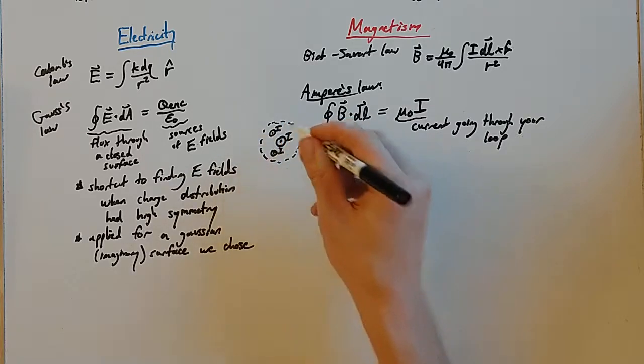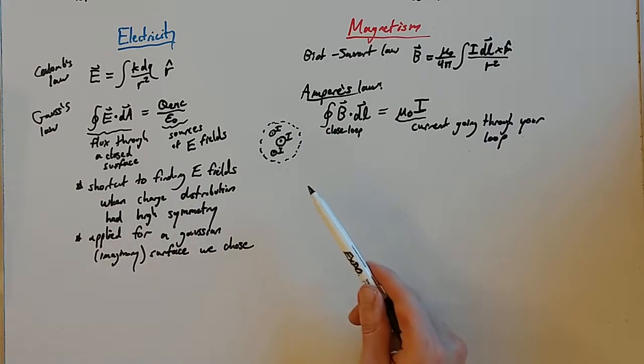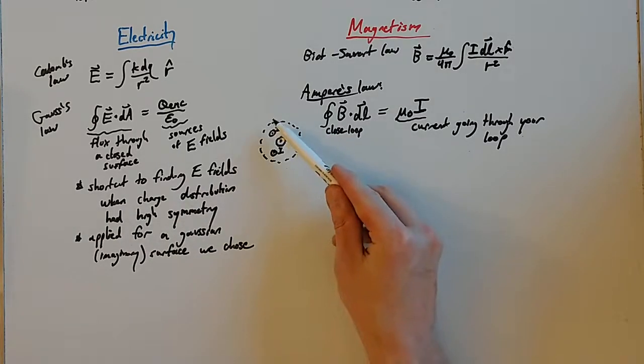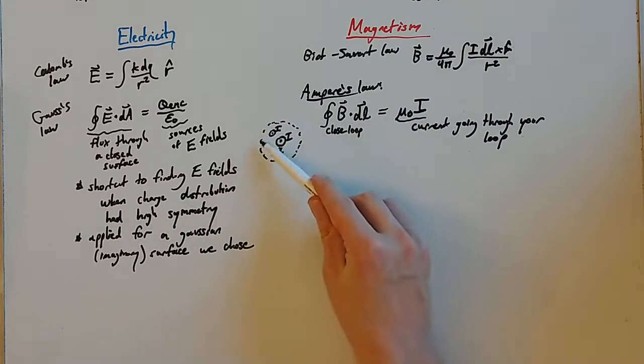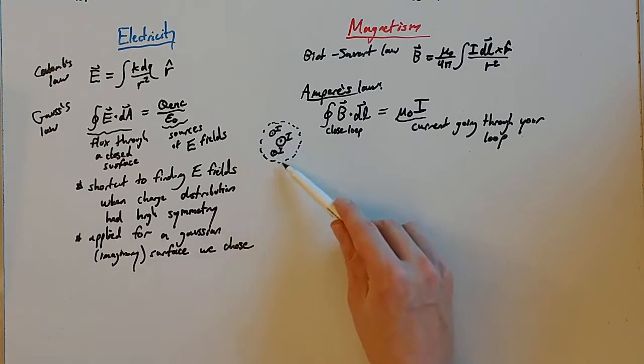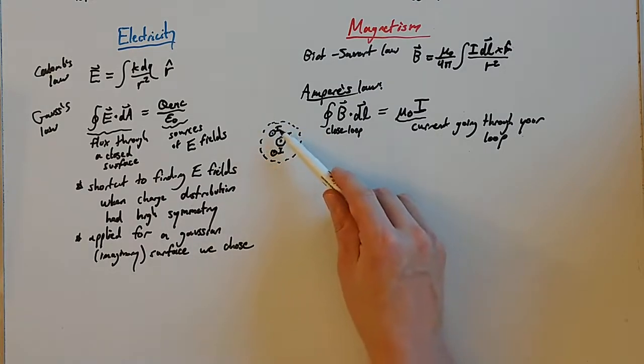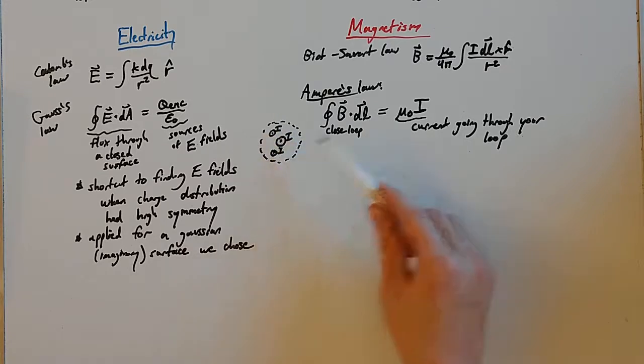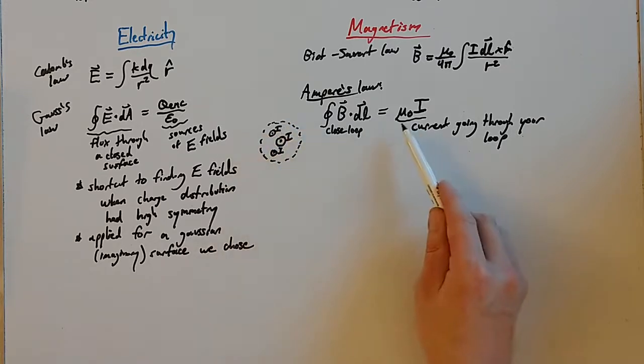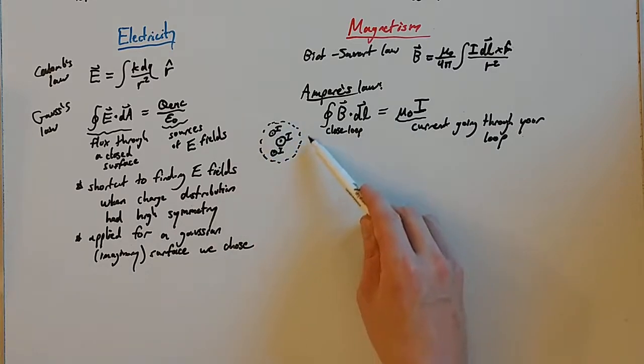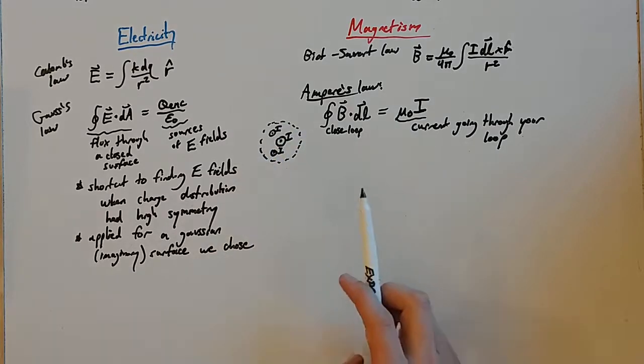So the amount of current going through the loop, times mu naught, ends up being equal to the path integral if I walk all the way around this path. So if I have 3 different I's, this would be 3I worth of current, and this path integral would end up being mu naught times 3I. That's what Ampere's law says.